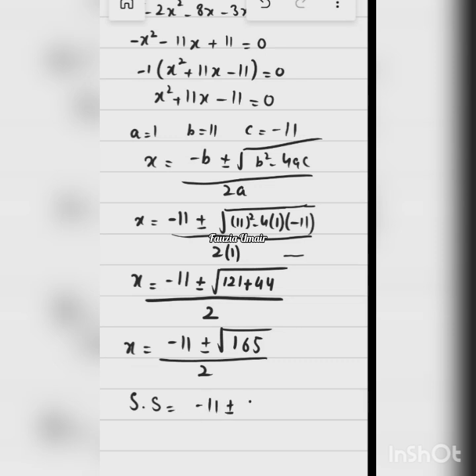These are the two values of x. One time it will be plus and one time it will be minus. So we will combine them as a solution set. All right. So what kind of answer is this, Talha?